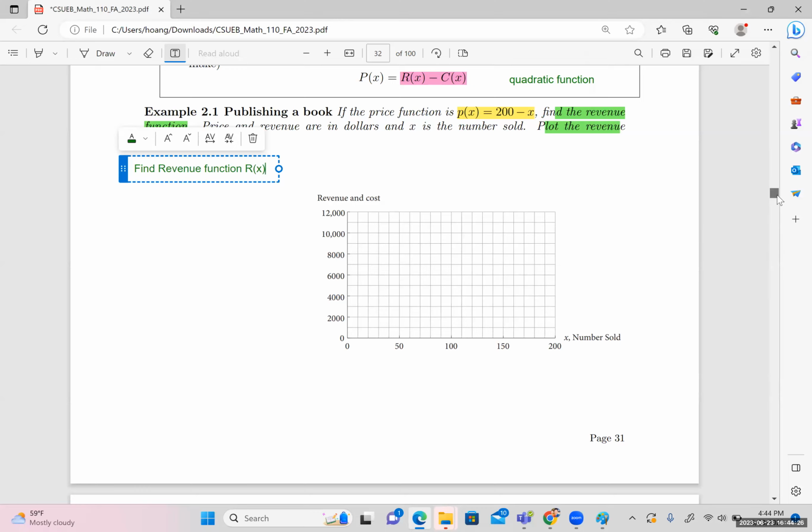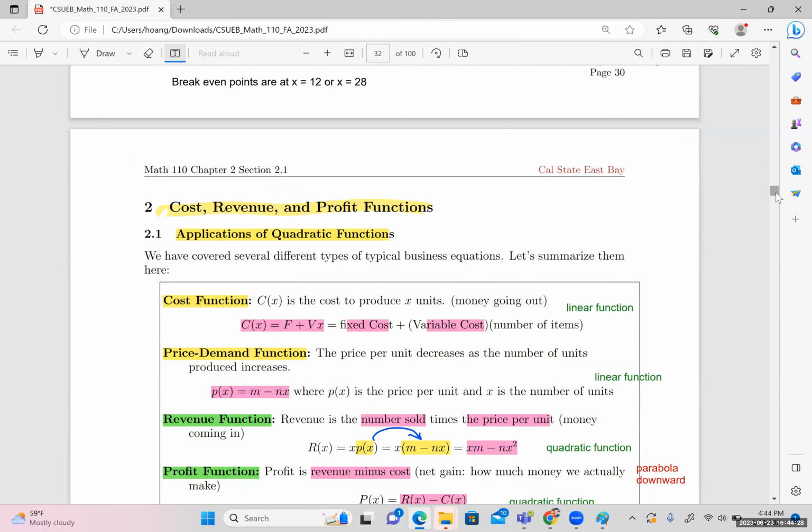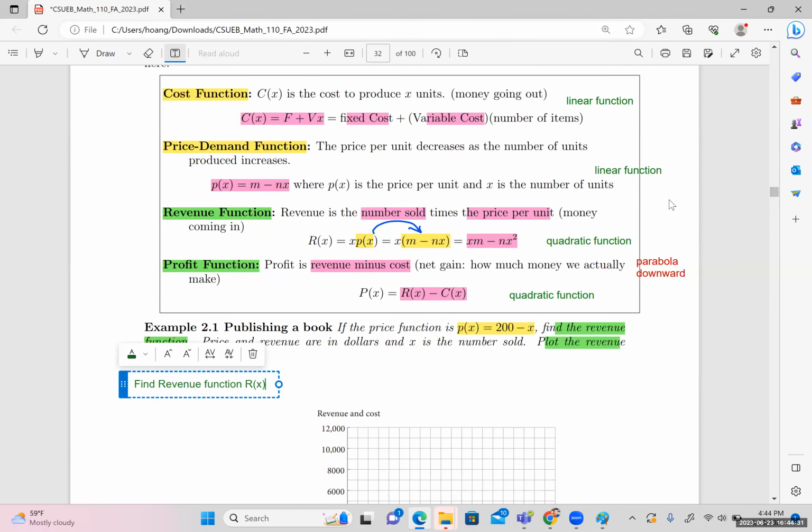And you remember that up here I gave you the formula: r of x equals x times p of x, right? It's going to be equal to x times p of x.